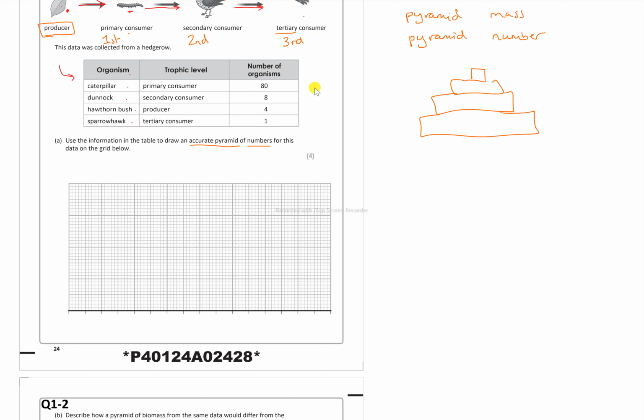So for example, if we did it in terms of just say the mass: hawthorn bush, that's the caterpillar, that's the bird or the dunnock, dunnock, yeah, and that is the sparrowhawk.